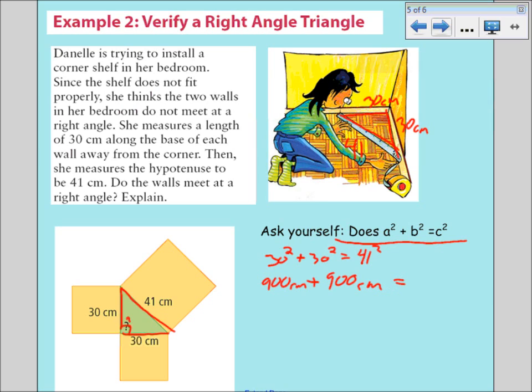And does that equal 41 squared, which is 1,681 centimeters? So 900 plus 900 equals 1,800, which does not equal 1,681. So therefore, we know that this is not a right angle triangle.